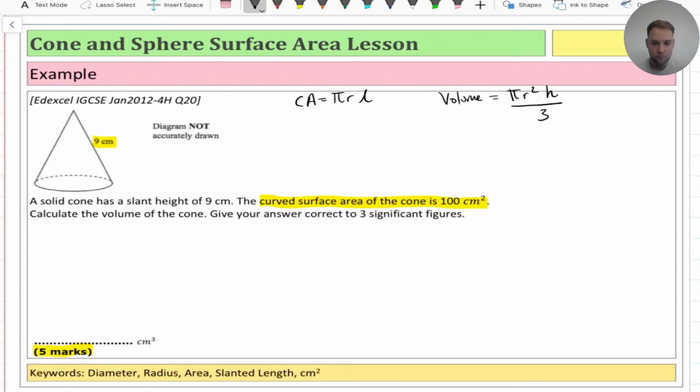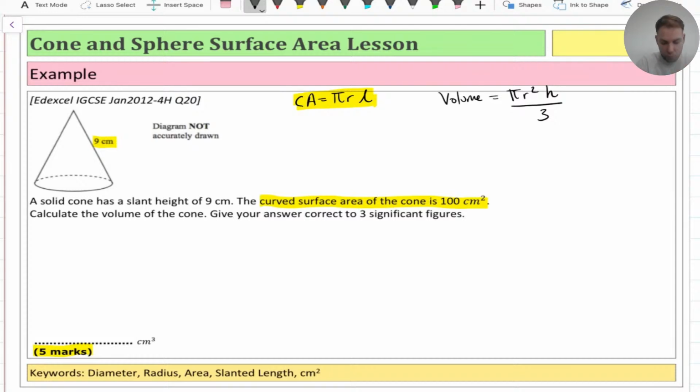So the first thing I need to do is work out what that radius is, because I can work this out using this formula, using the length and the surface area. So I've got to work backwards. Remember, when we're working backwards, you sub in what you know, you simplify, and then you solve.